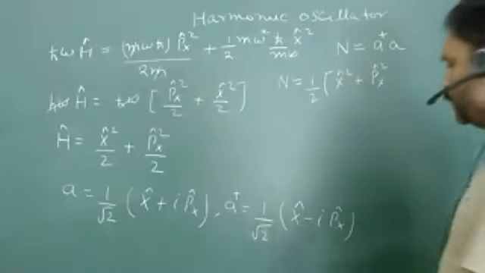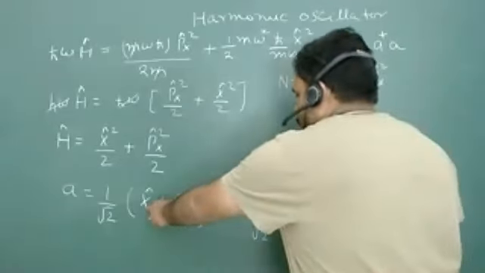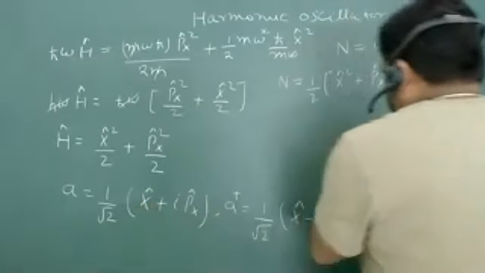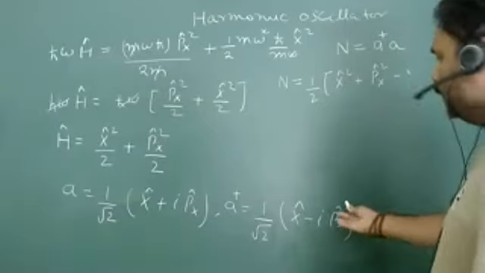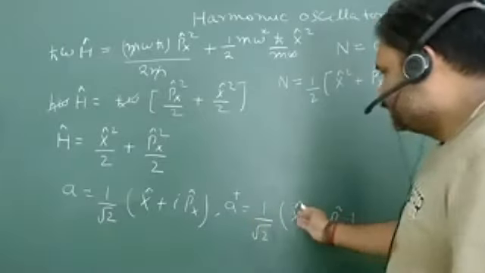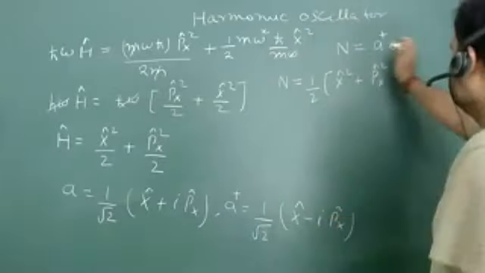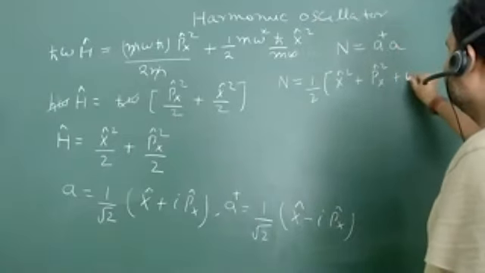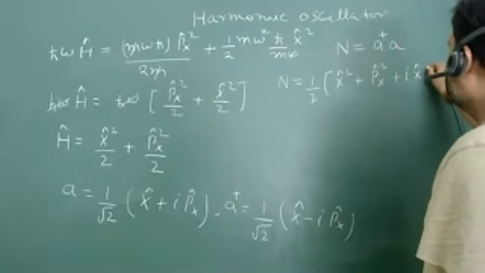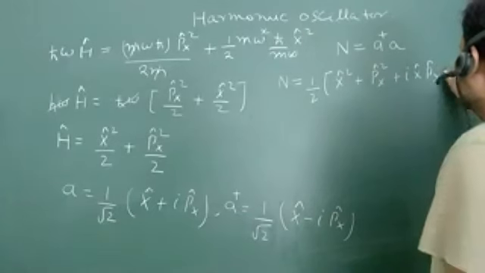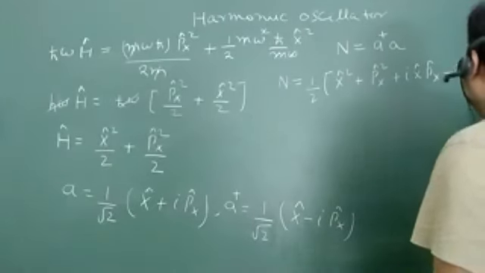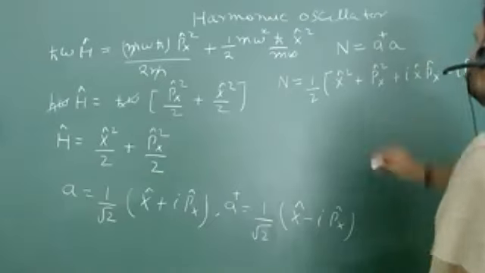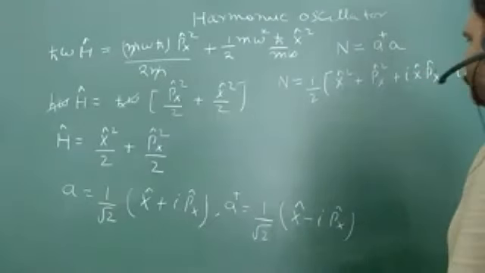And I have these two terms, a dagger and a, so you have x cap and i px cap. So this will be plus i x cap px cap minus i px cap x cap. So we have all this.